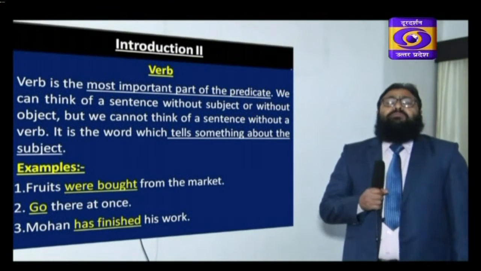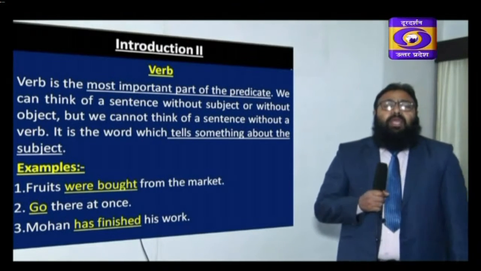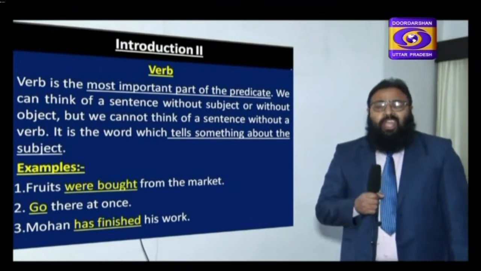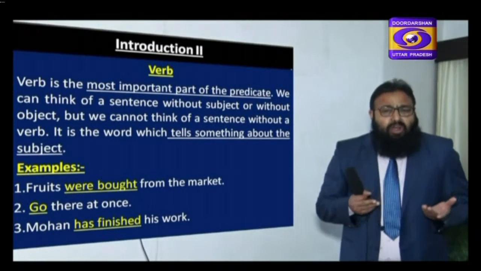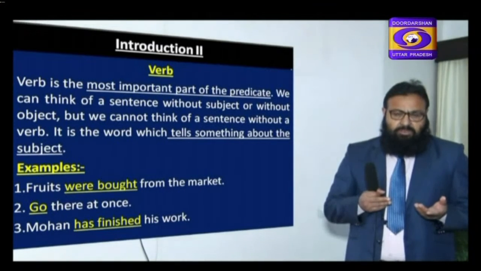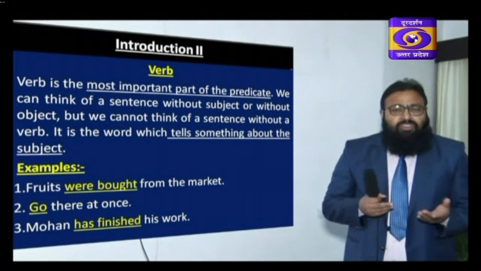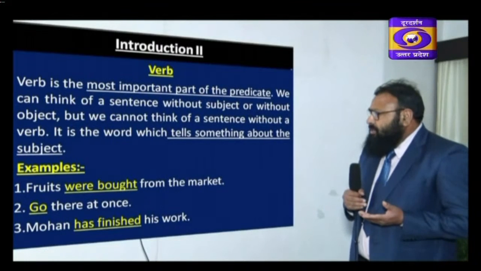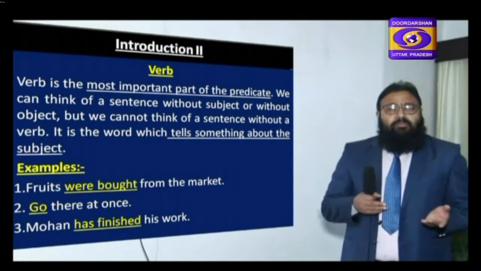Now, dear children, verb is the most important part of the predicate. We can think of a sentence without a subject, without an object, but we cannot think of a sentence without a verb. It is a word that tells something about the subject.